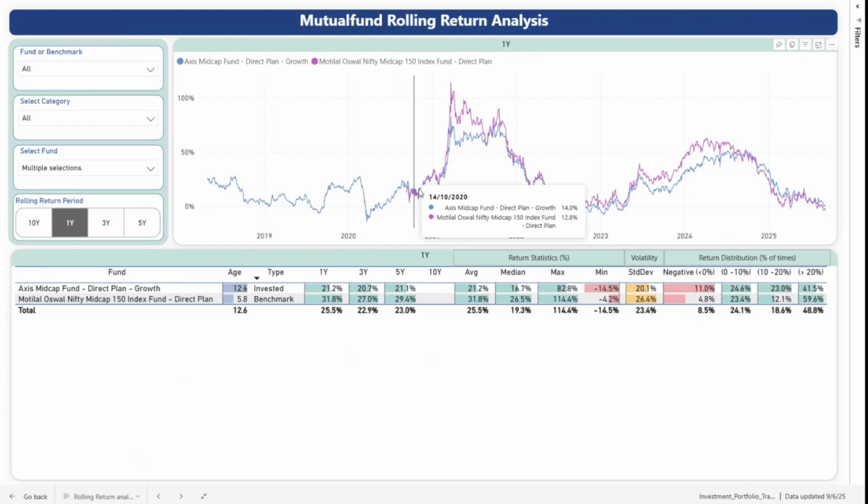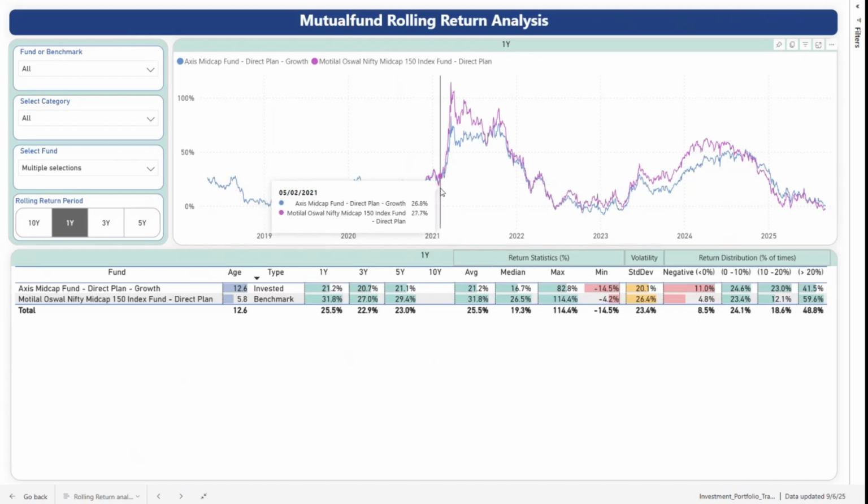That is how you have to look at this rolling return data. For this data point, you invested on 5th February 2020 and exited on 5th February 2021.